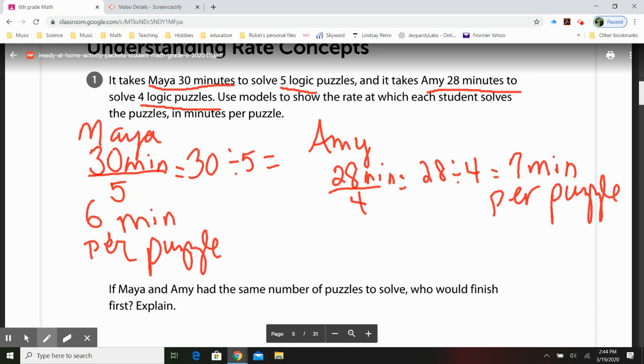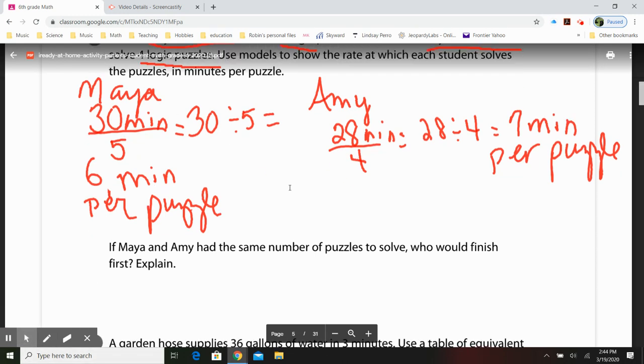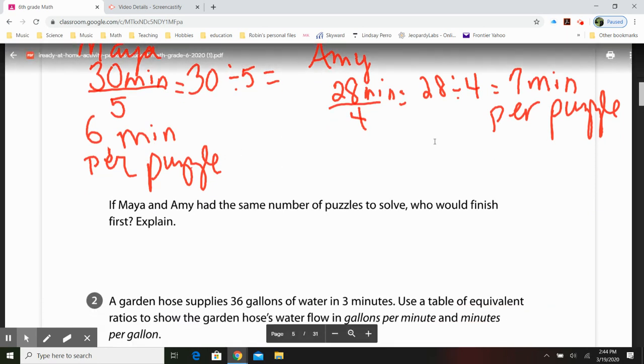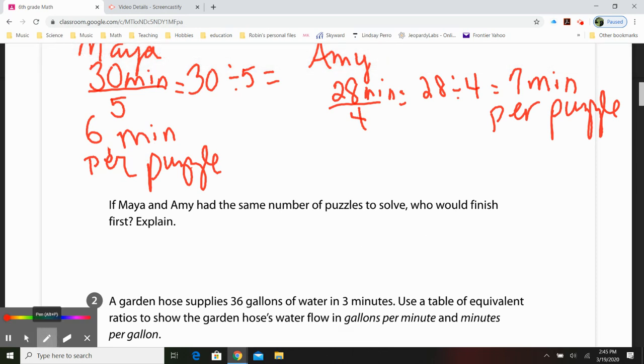And then the next question says, if Maya and Amy had the same number of puzzles to solve, who would finish first? Well, if you look at this, it takes Maya 6 minutes to do a puzzle, while it takes Amy 7 minutes to do a puzzle. So the one that's going to finish first is going to be Maya.